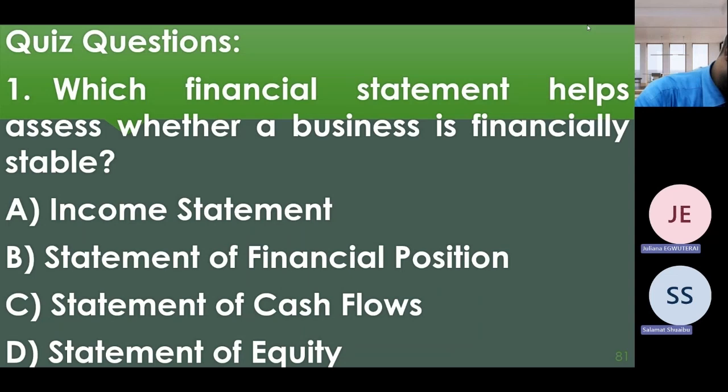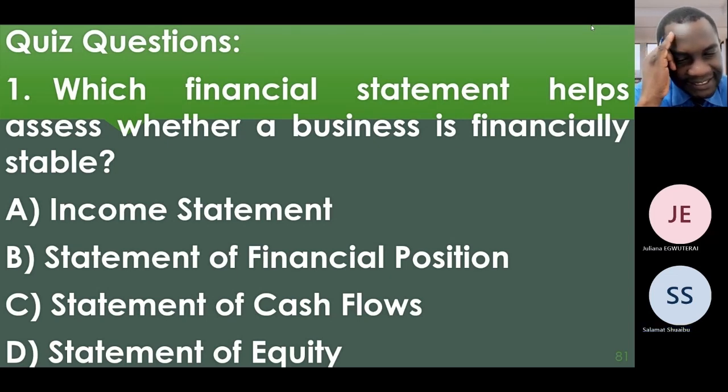Yes. Which financial statement helps assess whether a business is financially stable? A, income statement. B, statement of financial position, because that's where you will see it. Final answer B. Are you sure you are changing from A to B?